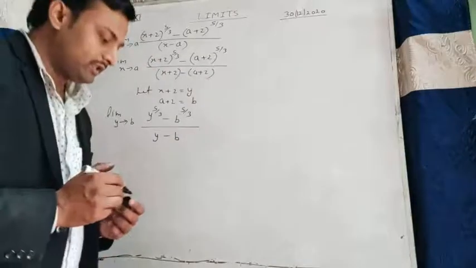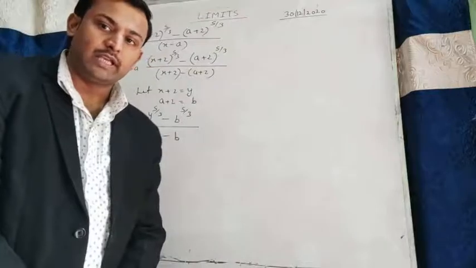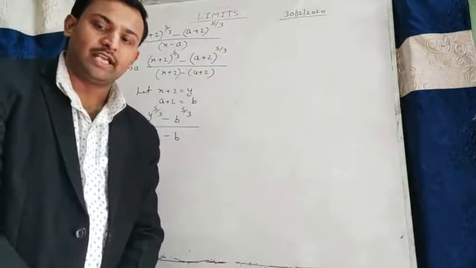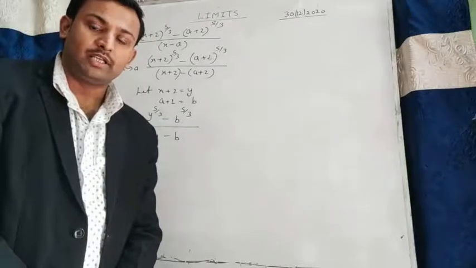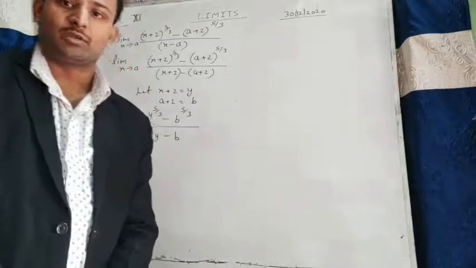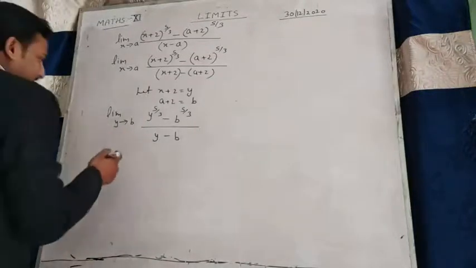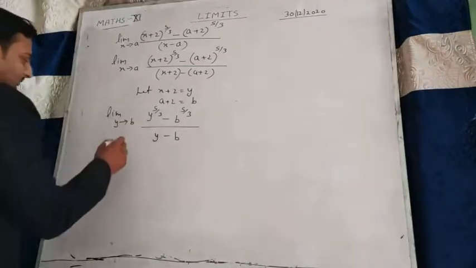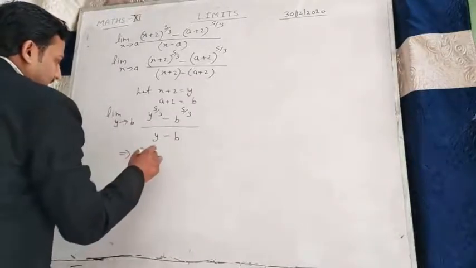You know, our standard result is limit x tends to a, x to the power n minus a to the power n by x minus a, which is equal to n a to the power n minus 1. So we will replace this. Here our n is 5 by 3 and a is b.